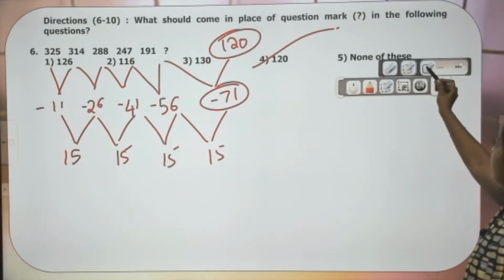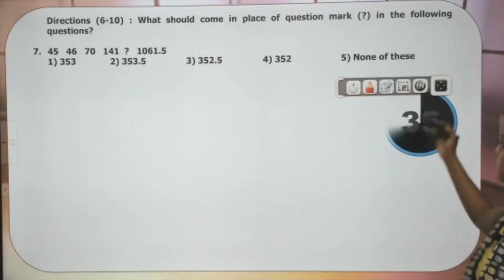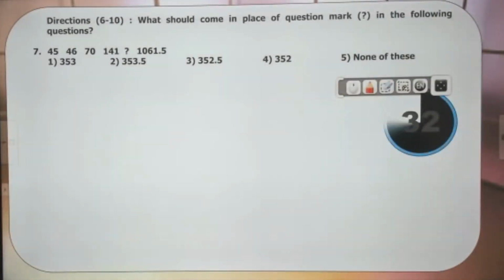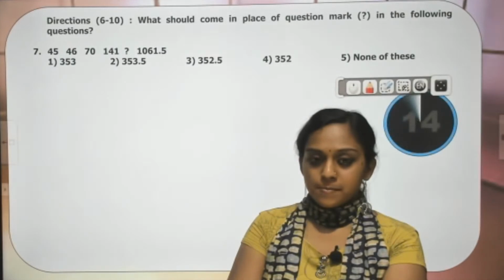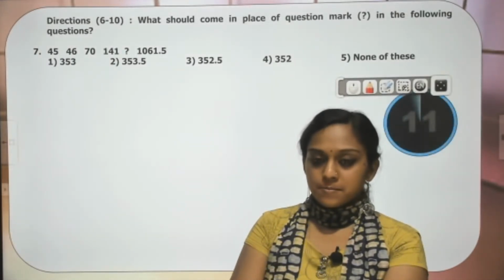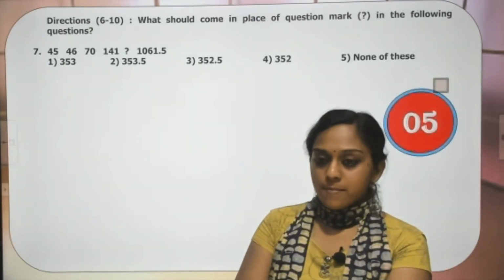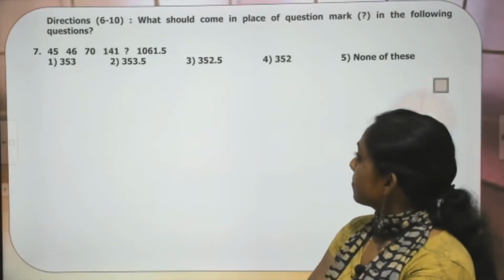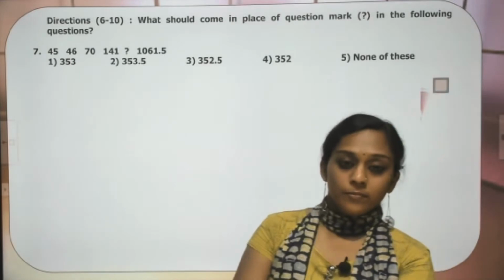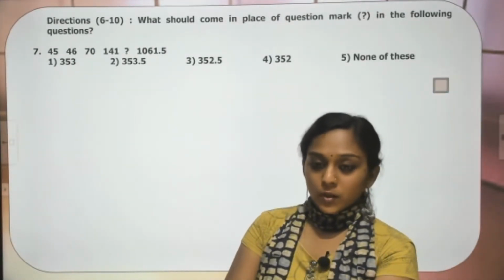Here comes the 7th question. Question number 7. Manchu, blurred.